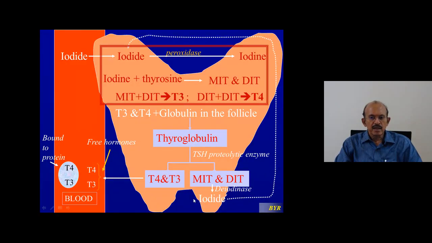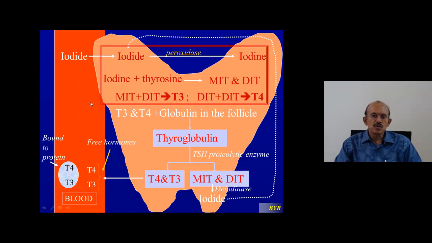The MIT and DIT are acted upon by an enzyme called deiodinase. This deiodinase splits the MIT and DIT into iodides and tyrosine. The iodide goes into the iodine pool. That means it goes into the bloodstream and again gets absorbed by the thyroid gland.